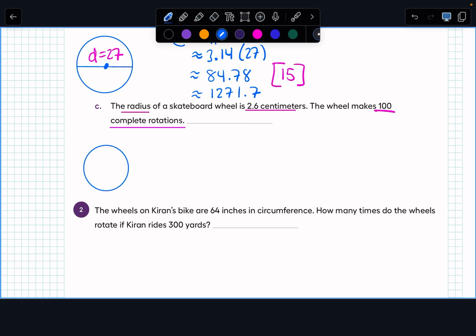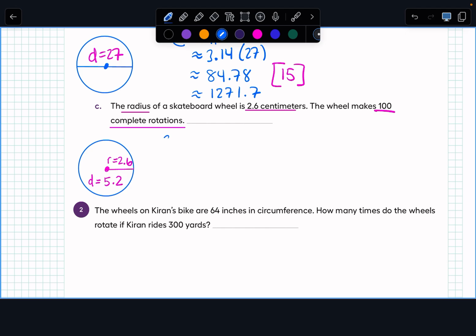We have the wheel on the skateboard, and the radius is 2.6. So we need to double the radius to figure out the diameter, and the diameter would be 5.2.